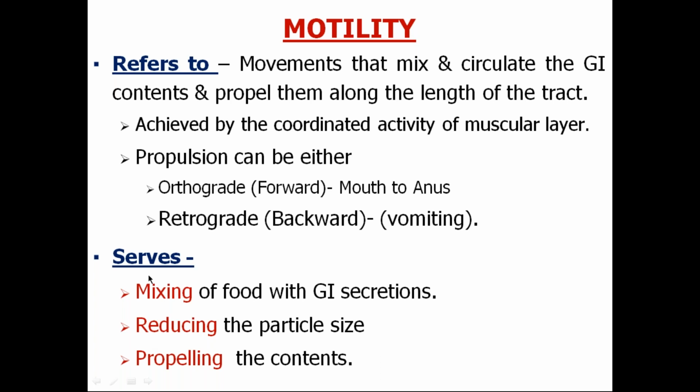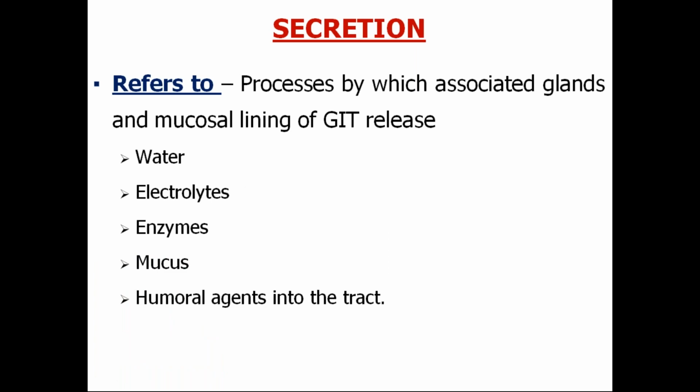What is the importance of motility? It serves in the mixing of food with the GI secretions, reduces the particle size, and moves the contents of the tract forward. Secretion refers to processes by which associated glands and the mucosal lining of the GIT release substances into the tract.